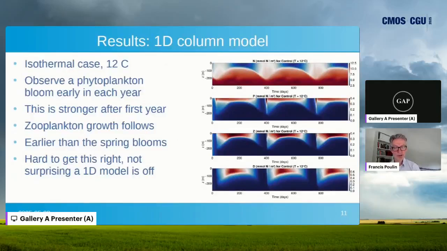Before going to the three-dimensional model, Andrew spent a semester studying a one-dimensional model that only includes a vertical column. The simple base case assumes everything is isothermal, say 12 degrees over this fluid column. What's nice is that we see what we expect to see. On the right-hand side, we're showing how the nutrients, phytoplankton, zooplankton, and detritus change over a 1,000-day period. Because of the yearly forcing, we see nearly periodic behavior.